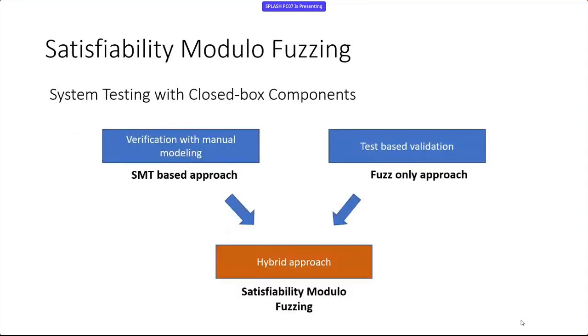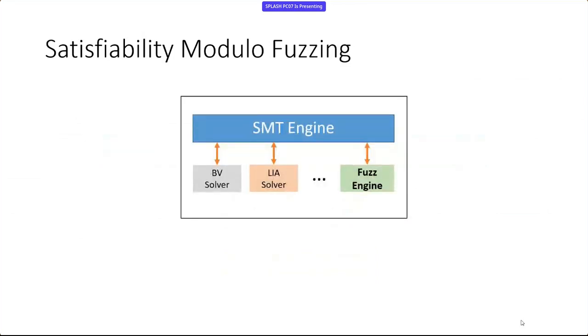I just briefly told you about the approach. We're combining these two approaches, the formal and the test-based, to get a hybrid approach that we can use in different analysis frameworks. Our idea is to provide a solver which is built on top of the uninterpreted function theory, and it is combined with the SMT engine of the SMT solver, which then interacts with the other solvers.